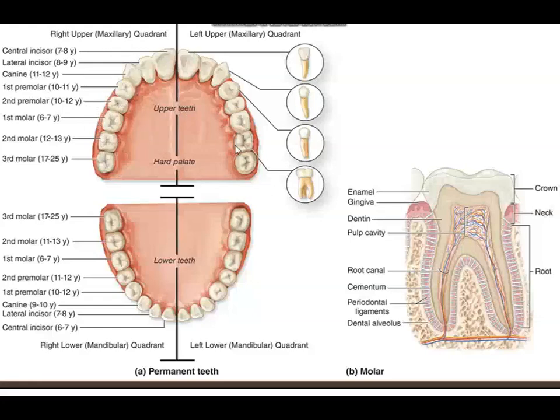Here we are looking at each tooth, which has its own morphological features and also its own number of roots, so they are different, and here you can see which types of tooth we have in our oral cavity.